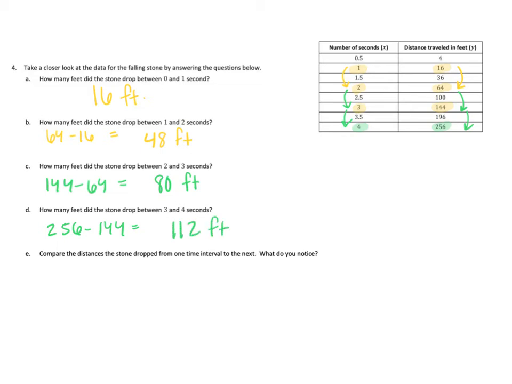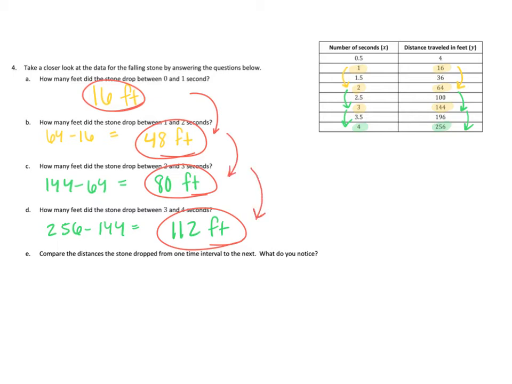So we'll notice that each second it got faster. It started out, it only fell 16 feet in a second, then 48 feet in the next second, 80 feet in the next second, 112 feet in the next second. So what do we notice? Well, you should notice that we are getting bigger each time, right?